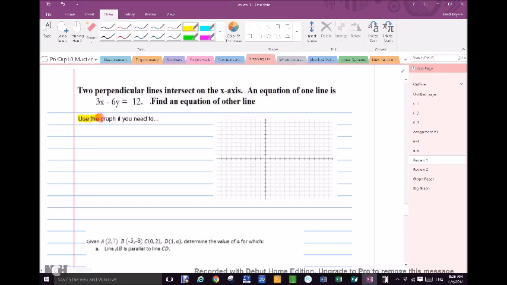Now, the graph is only there if you need it. You can do this algebraically, but you can also do it graphically.